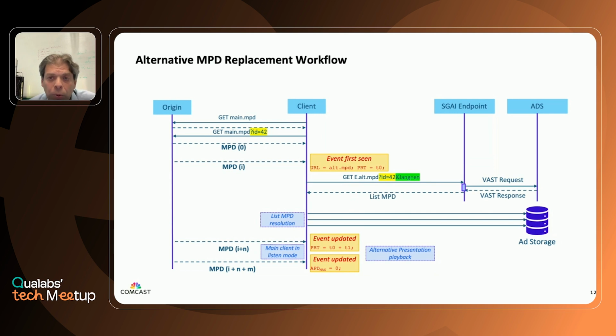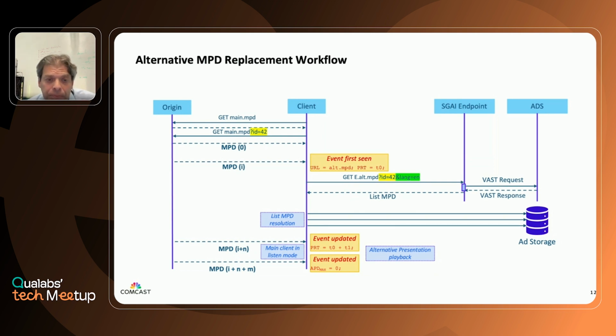So we'll go and request the SGI endpoint, please give me an MPD. It talks to the ADS, it translates the VAST response into a list MPD. Then it doesn't matter when, but probably very soon afterwards, we go and resolve the list MPD, which means we're downloading the individual imported MPDs and doing the merge.